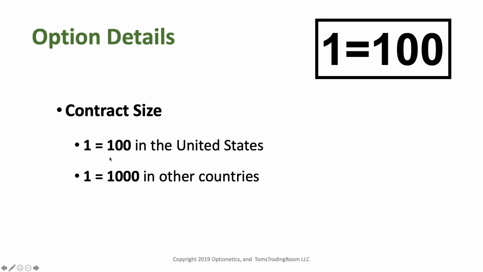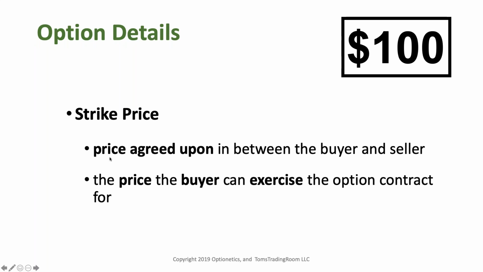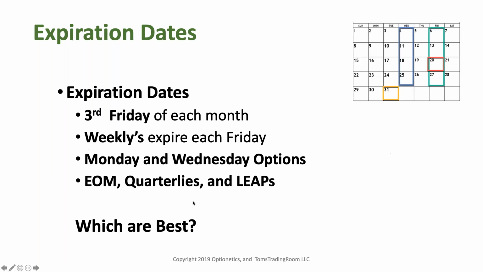Now, the strike price is just the price agreed upon between the buyer and seller. The buyer can exercise that option contract for stock at any time up to expiration, using what we call an American exercise option. Expiration dates are the only other big thing I think of when thinking about the primary basics of options.